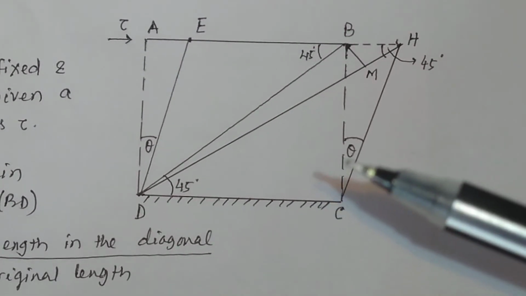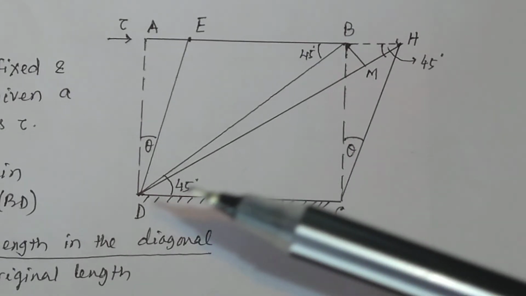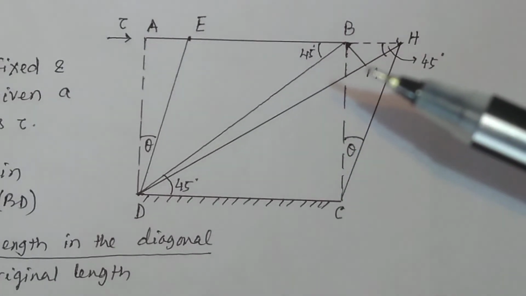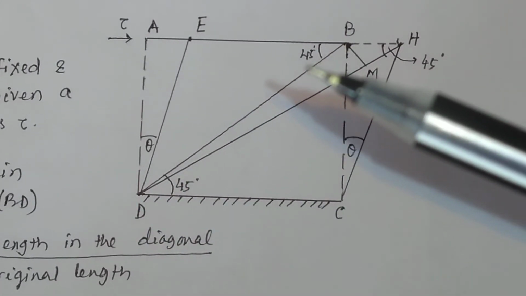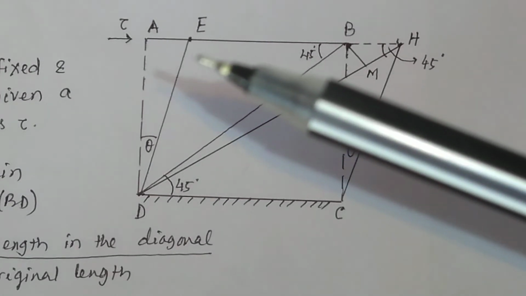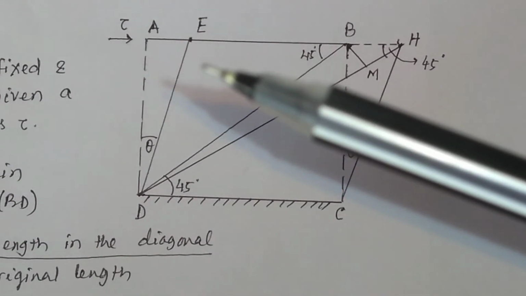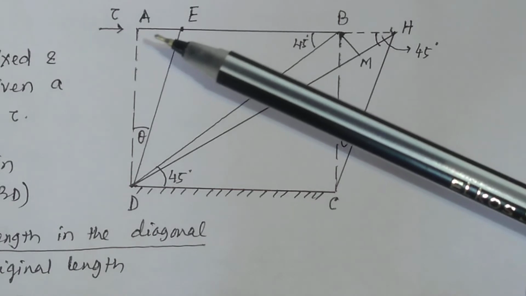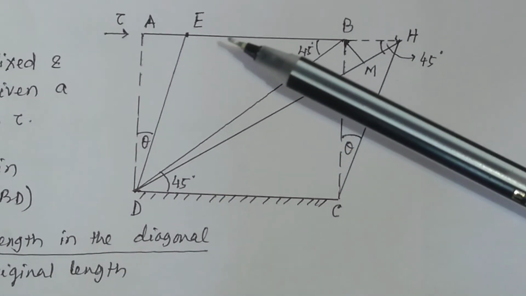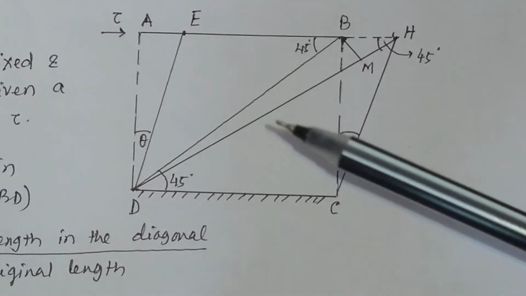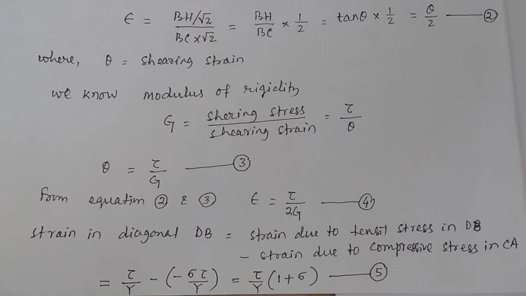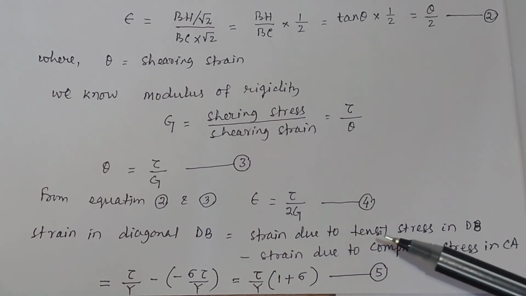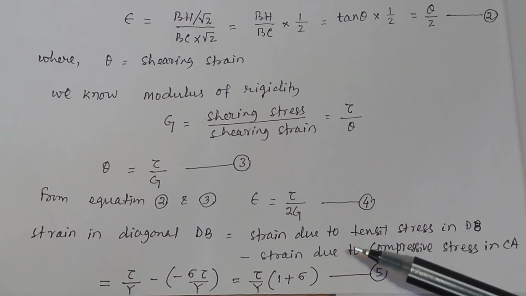So the strain in the diagonal DB will be equal to the strain due to tensile stress in the diagonal DB minus the strain due to compressive stress in the diagonal AC. Since this diagonal compresses, the compressive strain will be negative.